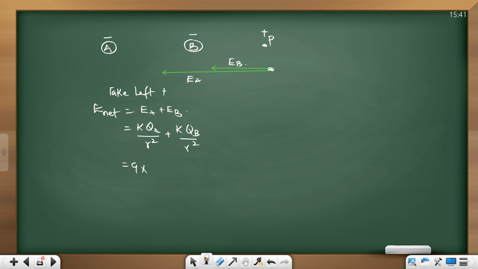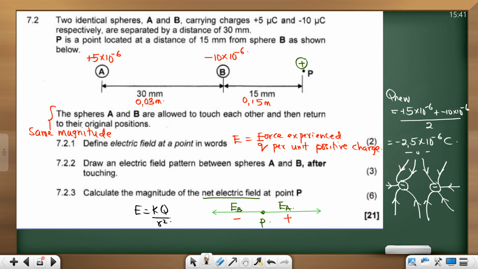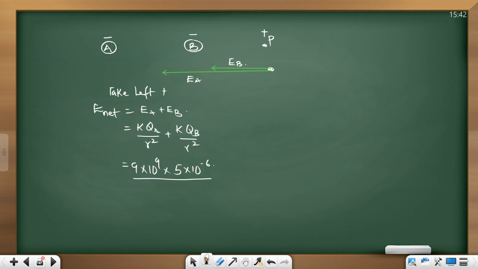Now we can substitute. What is QA? It is now what? 5 times 10 to the power what? Negative 6. But the distance of A from P, what is the distance? 0,45. Do we agree?